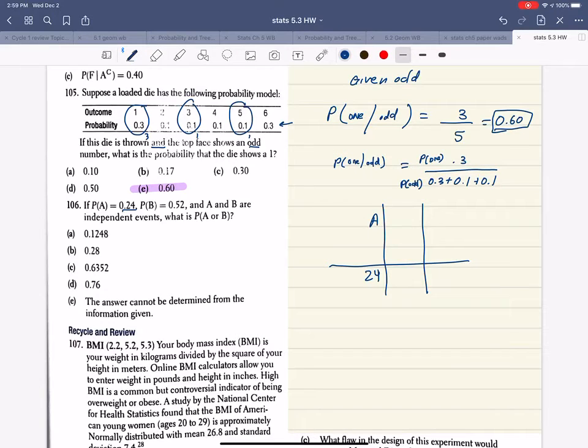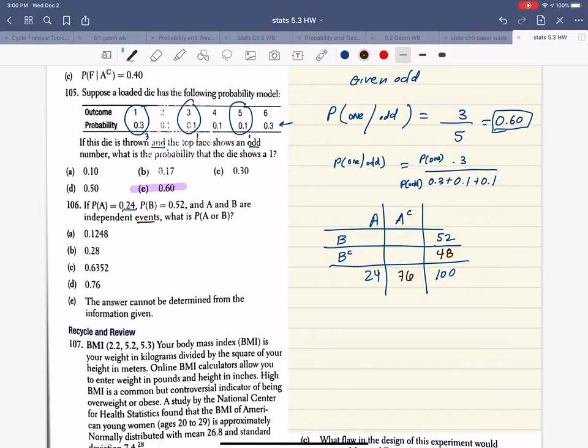So that means this would be not A, and this is B, and this is not B, right? So this would be 24 out of 100, and this would be 52 out of 100. So kind of using the complement rule here, this would be 76, okay? So this is kind of what's happening, but they're saying that they're independent events.